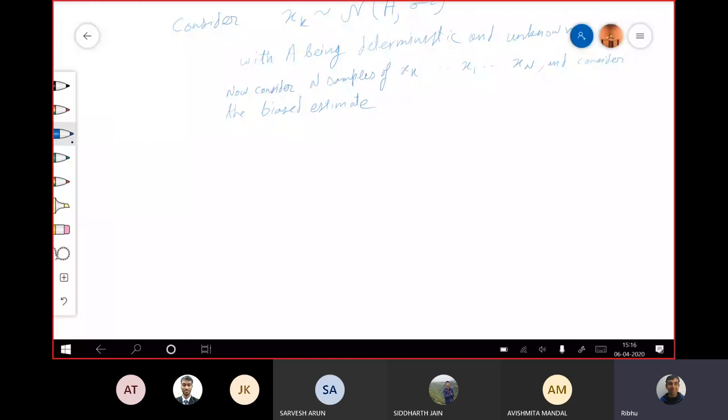Consider the biased estimate A hat equal to alpha by n times the summation of xk.